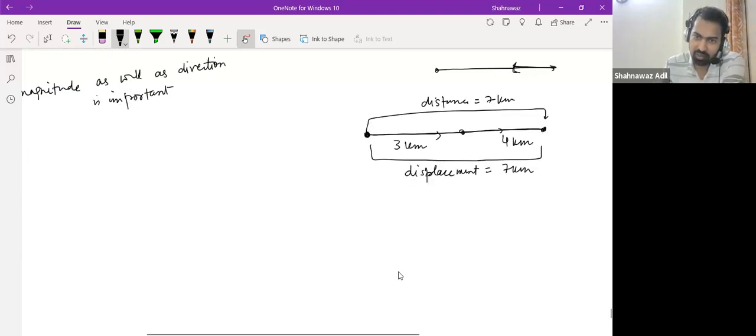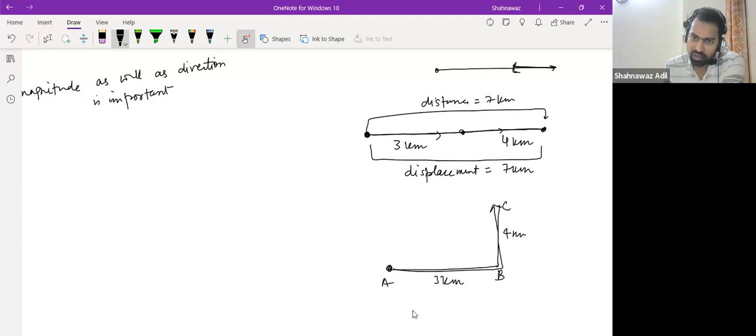Let's say that I move in this direction 3 kilometers, and then in this direction 4 kilometers. So my distance would be AB plus BC. Distance would be how much? 3 plus 4, 7 kilometers. But what would be my displacement? My displacement would not be this.